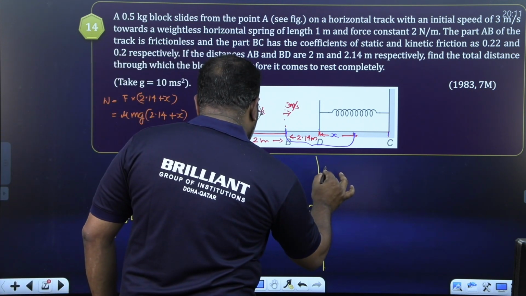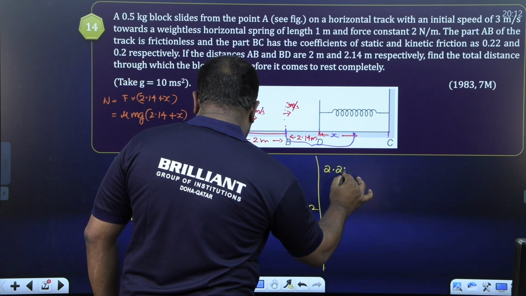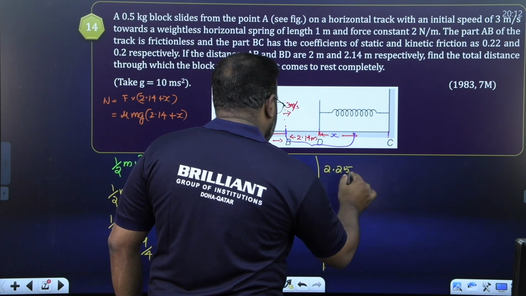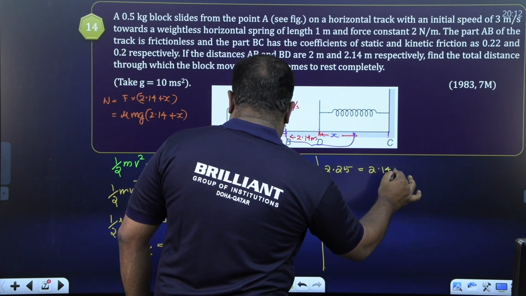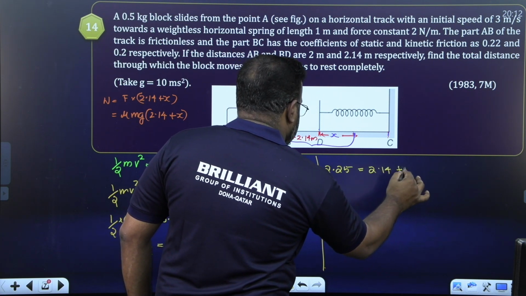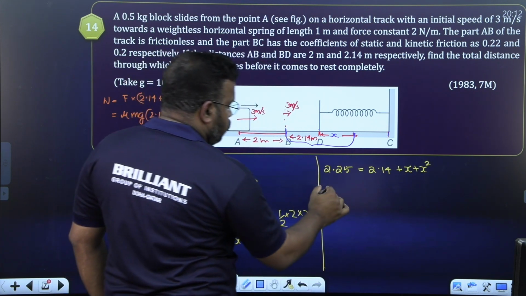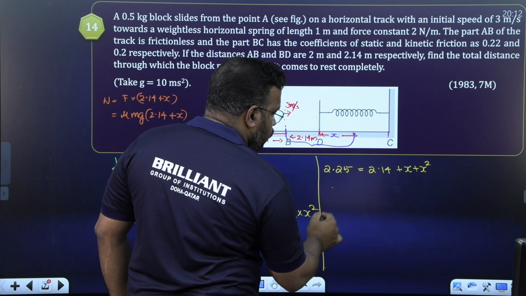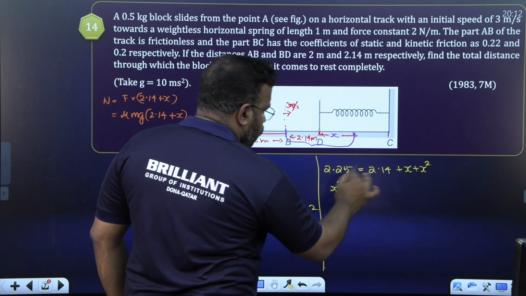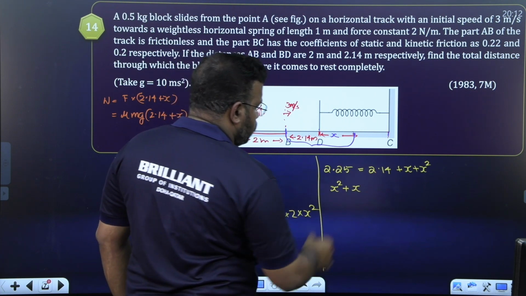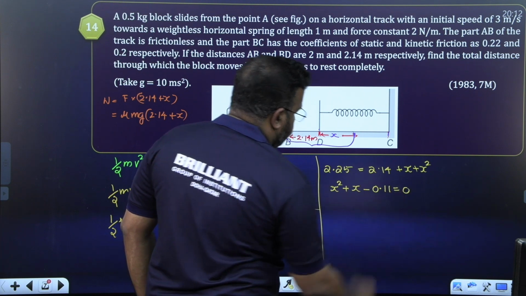9 by 4 is 2.25 is equal to 2.14 plus x square. So we get x square plus x, 2.25 minus 2.1 minus 0.11 is equal to 0.